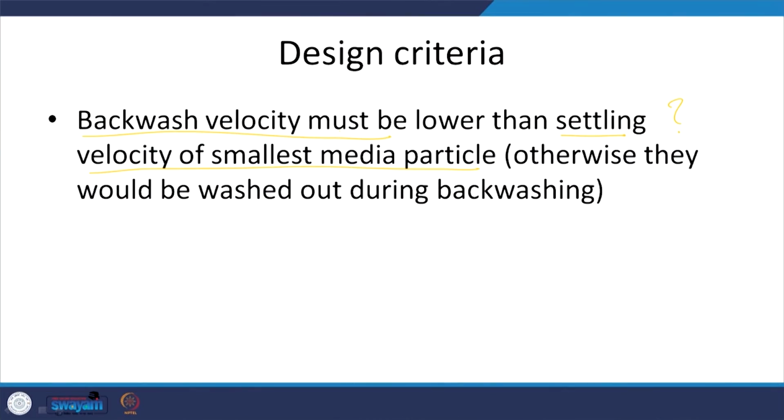If I increase the backwash velocity beyond a certain threshold, what is going to happen? The particle which is trying to settle down, the media which I want to retain, I do not want to lose this filter bed media, is also going to be removed with my backwash. So, obviously, this backwash velocity should always be lower than the settling velocity of the smallest media particle.